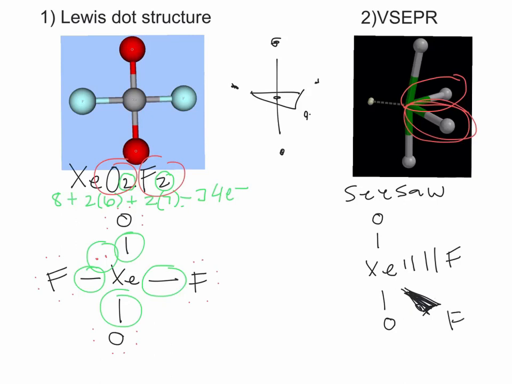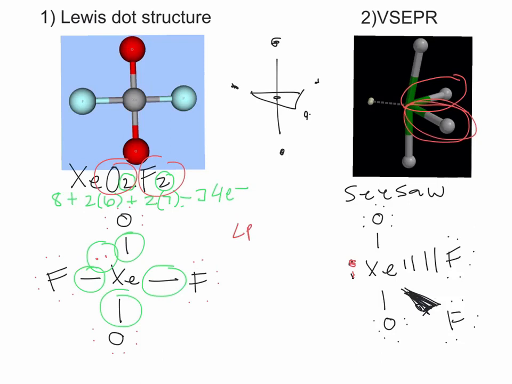And we'll place the two lone pairs and the rest of the electrons. Now, because of these lone pairs here, their repulsion is greater than the bonding pairs.